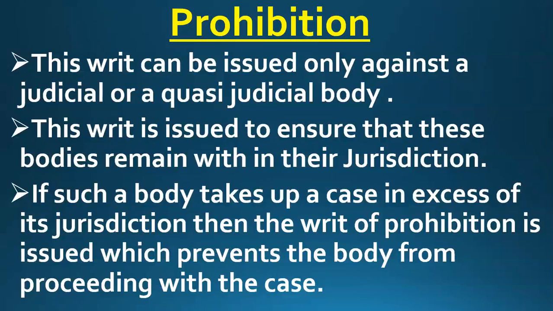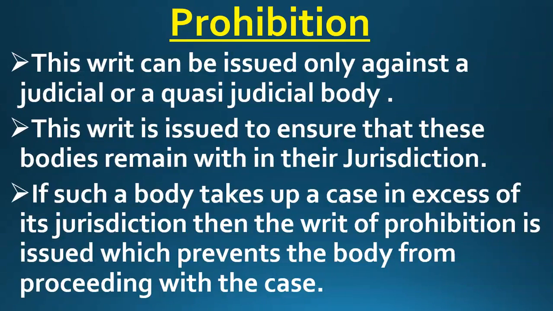The subordinate court will stop, and then the Supreme Court will order it to transfer this case to the Supreme Court. Then the Supreme Court will take this case, proceed with it, and give judgment.